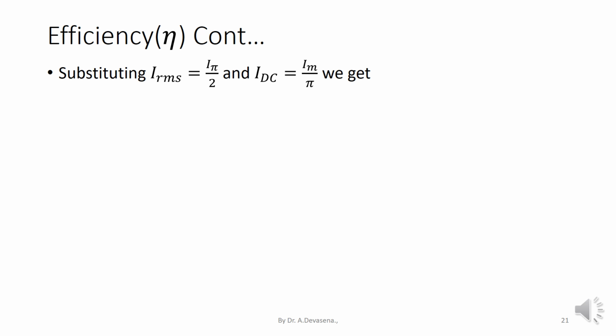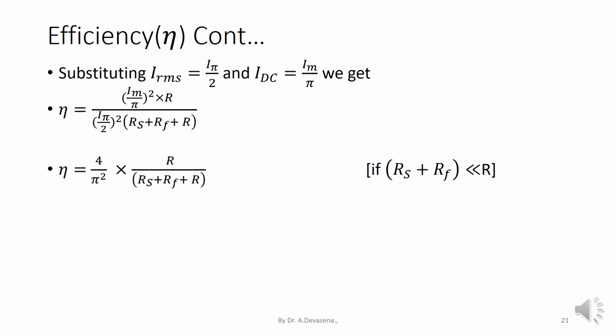Substituting Irms is equal to Im by 2 and IDC is equal to Im by pi for half wave rectifier, we get eta is equal to Im by pi the whole square into R divided by Im by 2 the whole square into RS plus RF plus R. That is, eta is equal to 4 by pi square into R divided by RS plus RF plus R. If we consider the value of RS plus RF is very small when compared to R, then we can neglect RS plus RF.